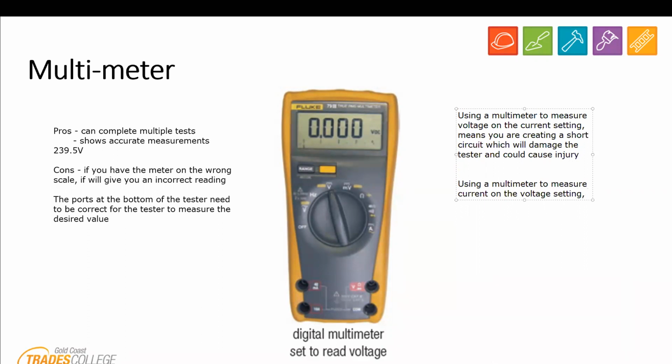Well, a voltmeter has a massive resistance, so that means that no current will be able to flow through the tester, so no reading can be taken. The voltmeter will basically act like an open switch and the circuit will just not work.